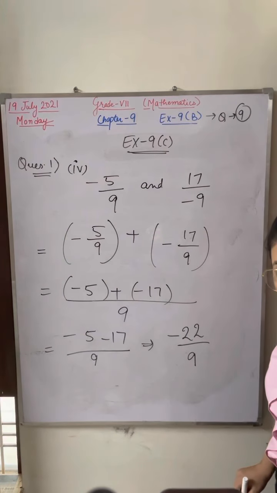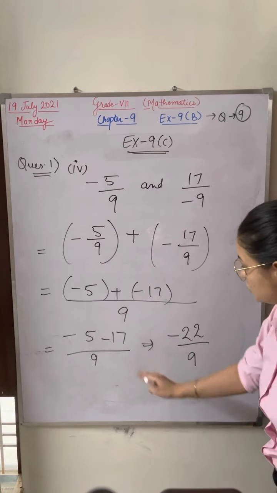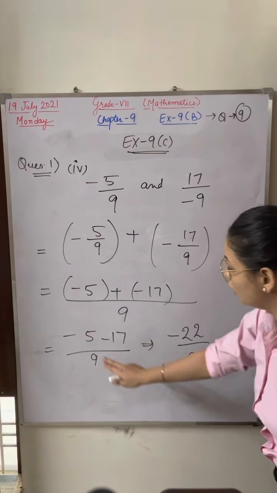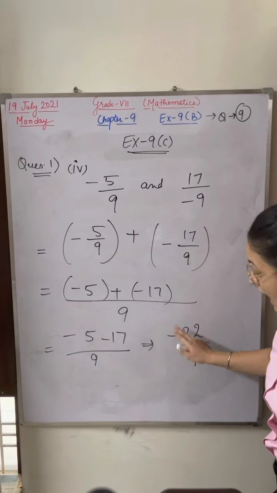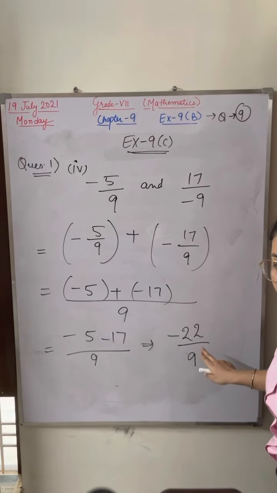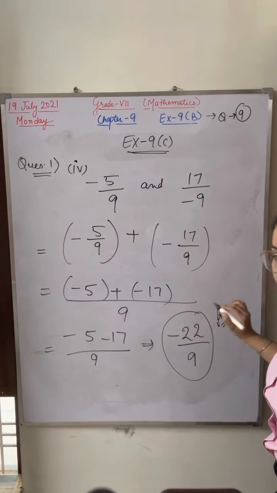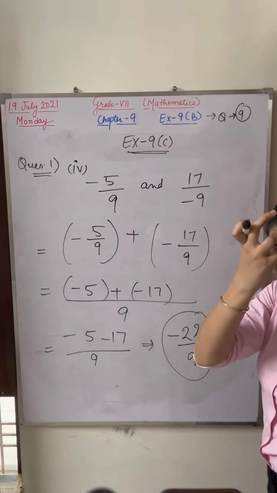Some students are subtracting it, 17 minus 5. No, if both are minus, you add them, but the sign will be negative. This is your answer.